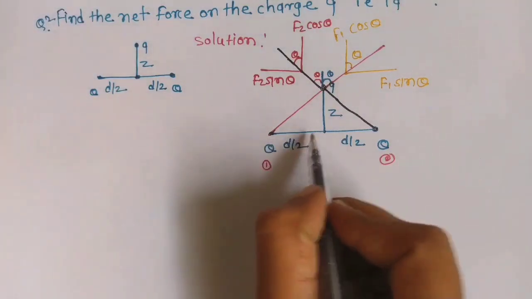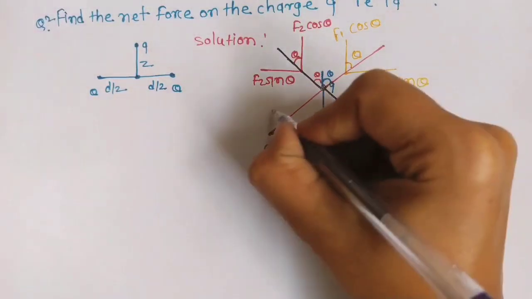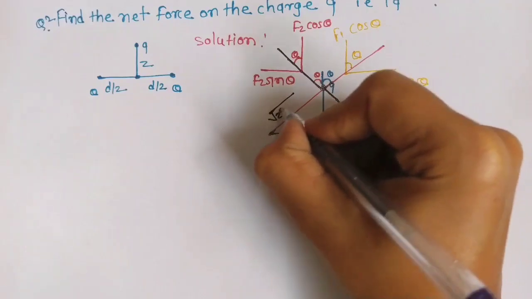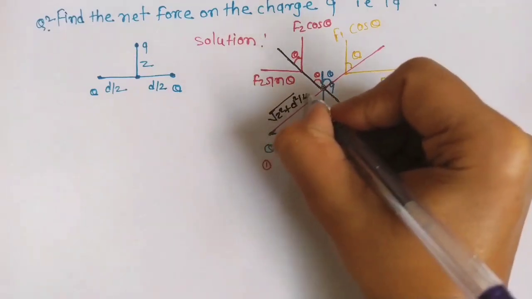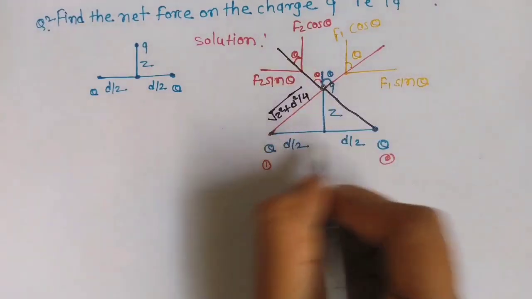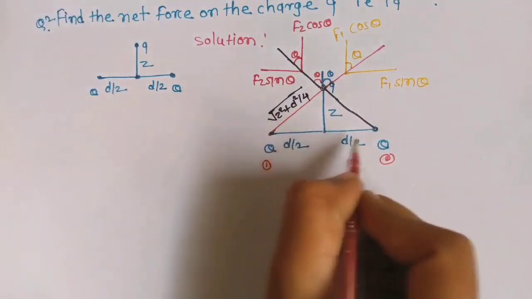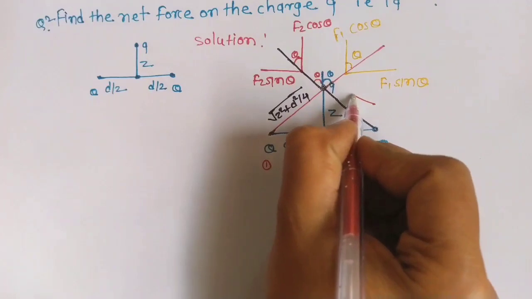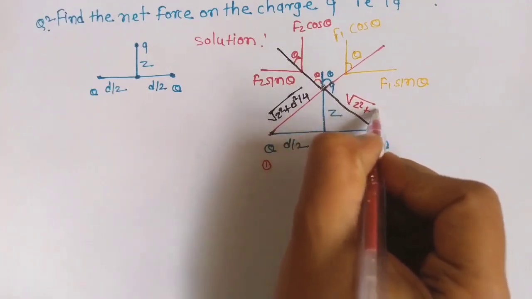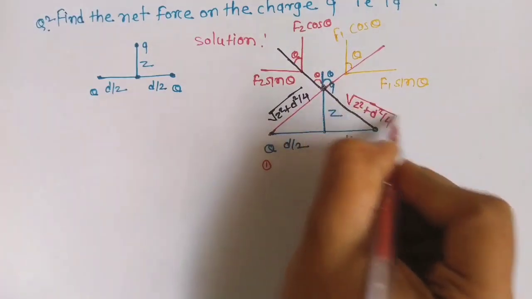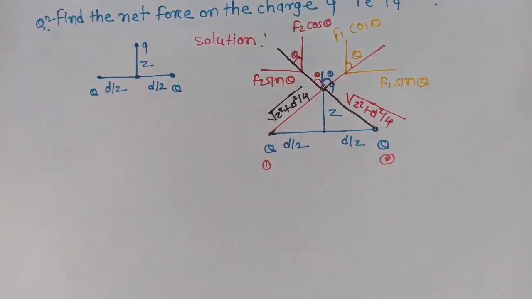This is F2 cos theta. This distance is d by 2, and this distance is z, therefore it is under root z square plus d square by 4 according to triangle law. And again, this is z, this is d by 2, therefore this is under root z square plus d square by 4 according to triangle law.